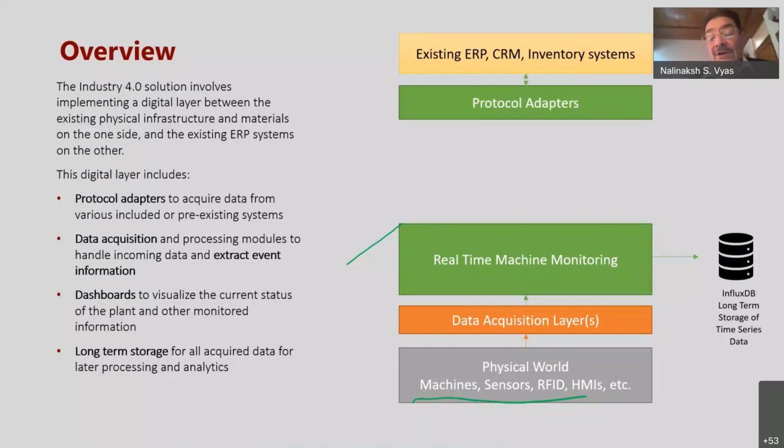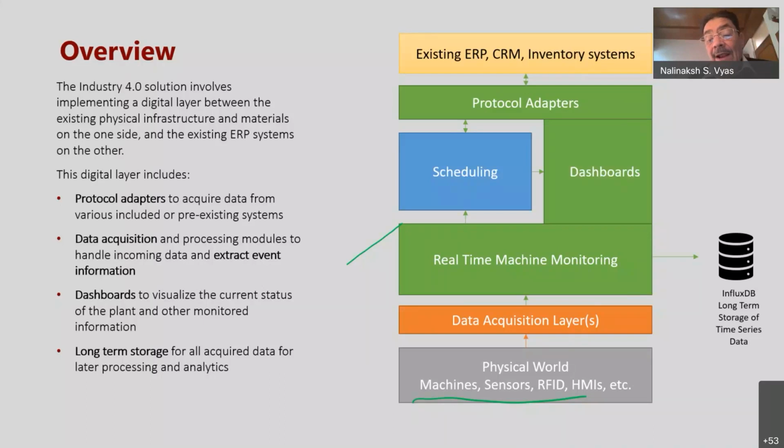They, through protocol adapters, that information goes to the scheduling code, and then this goes to the dashboard, and then analytics and modeling and training, all within the same package, same platform.